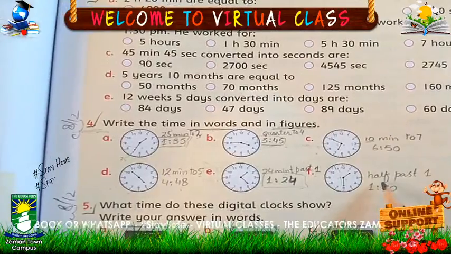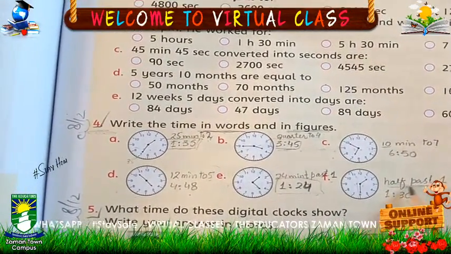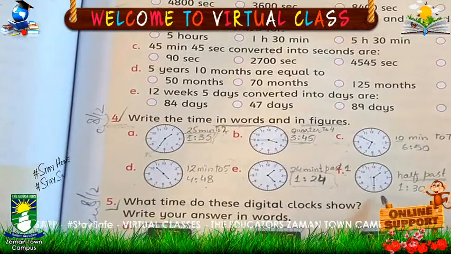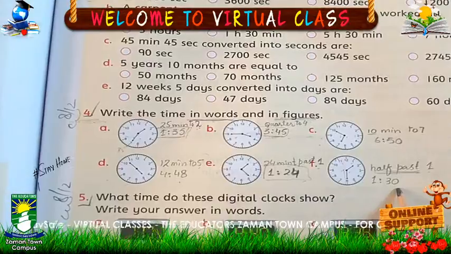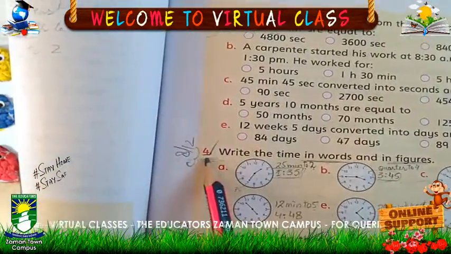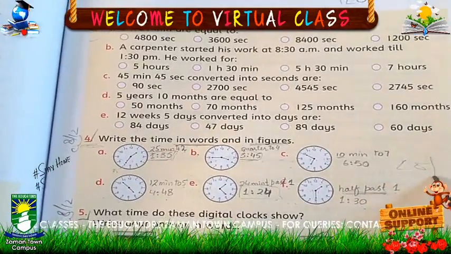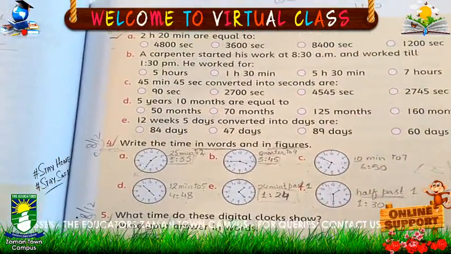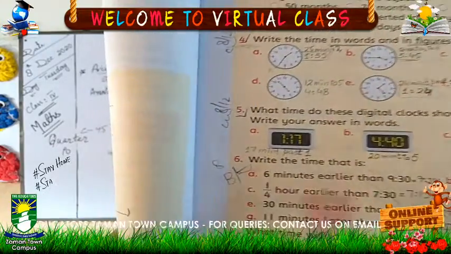So we can say half past 1. Okay. In words, we will say half past 1. And in figure, we can say 1:30. Well, that was your exercise number 4 and you have to do it in your copy. This is your copy work. Okay. I have solved it to make you understand in your book.